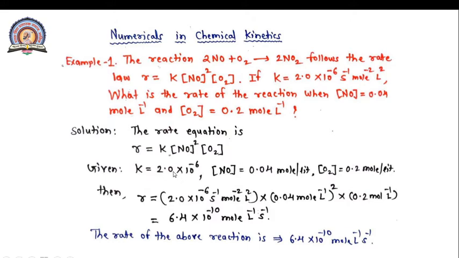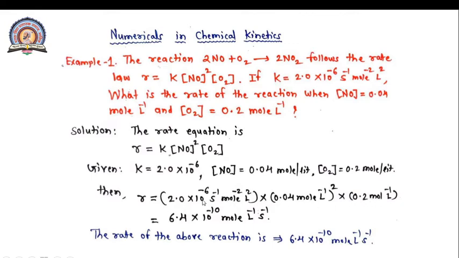Now substituting the value of K and the concentrations of NO and O2 in this rate equation, R is equal to 2.0 into 10 raised to minus 6 into concentration of NO, 0.04 mole per liter, bracket square, then concentration of O2 into 0.2 mole per liter.